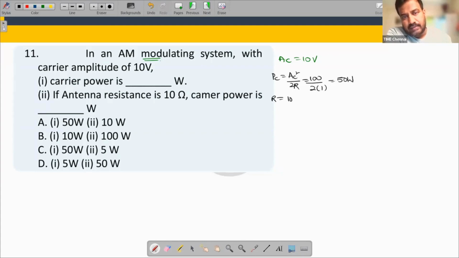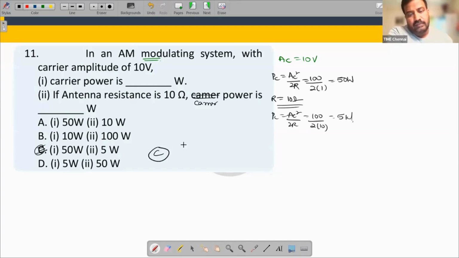Antenna resistance, the second question is given as 10 ohm. Then the carrier power is 5 watt. So option C is the answer.